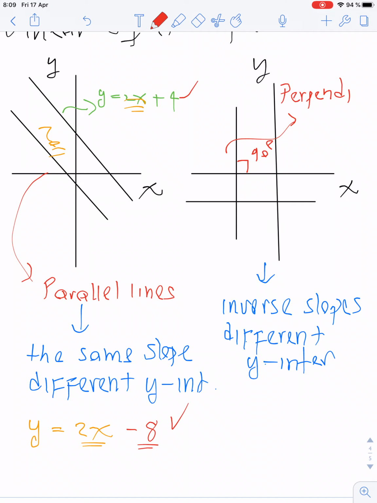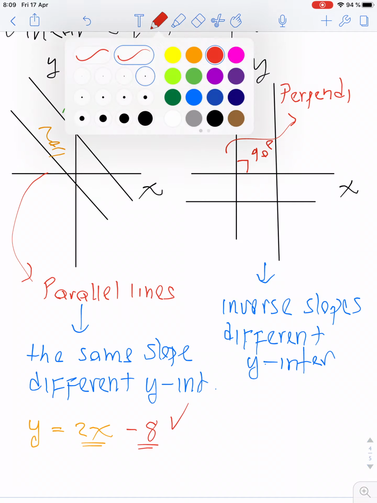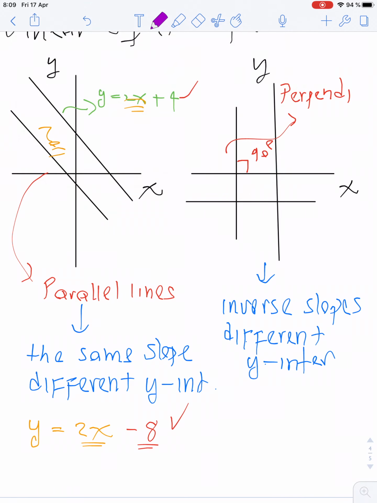Now, in perpendicular, it's going to be a little hard because, for example, I'm going to say for this line that y is equal to, it's an example, okay? Because if you see, it is a straight line. 2x plus 4. Okay? But we need to find the equation of this line. What is the equation of this line? Therefore, we will have that the slopes are opposite.